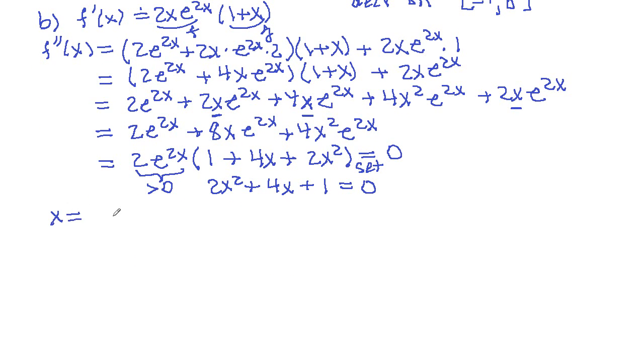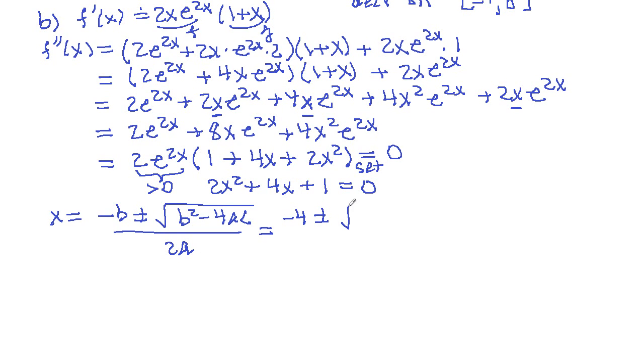So remember, x is negative b plus or minus square root of b squared minus 4ac all over 2a. So our a is 2, our b is 4, and our c is 1. So negative b will be negative 4 plus or minus square root. b squared is 4 squared minus 4 times a is 2 times c is 1.